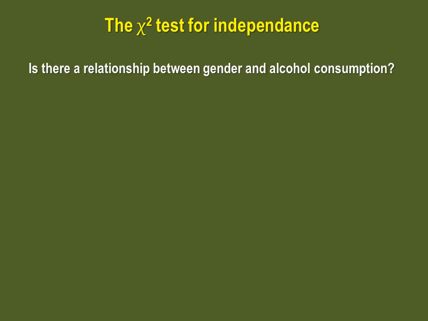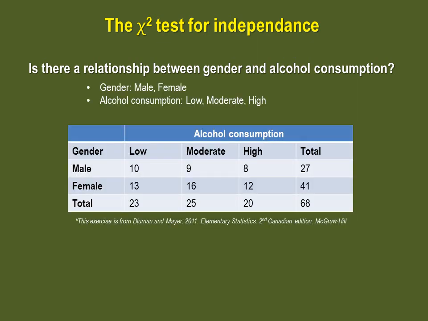Imagine that you wish to determine whether there is a relationship between the gender and the alcohol consumption of individuals. Your data comes in this format in a table of contingency. We have two qualitative variables, alcohol consumption with the values low, moderate, and high, and gender with the values male and female.